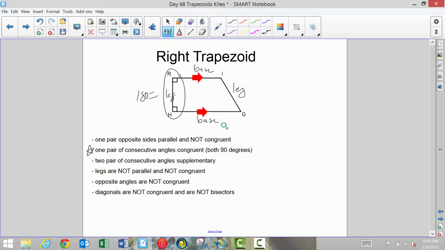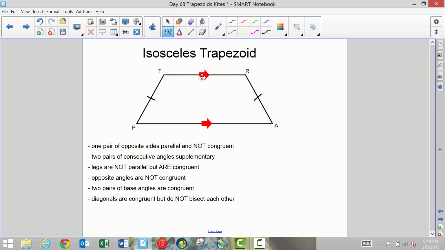Again, diagonals are not congruent, opposite angles not supplementary. So just remember that these two angles are also equal to 180, I and G. So you have I plus G is equal to 180, and you have R plus H is equal to 180, but just so happens that R is congruent to H because it's a right trapezoid.